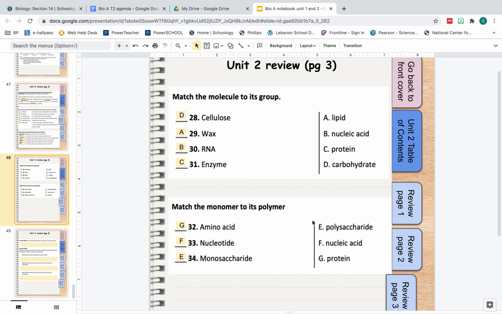That's why they're not an option. They don't have a similar one. All the other molecules do. Like carbohydrates all have monosaccharides that come together to make polysaccharides. Lipids don't have that. They're just together because they don't like water.